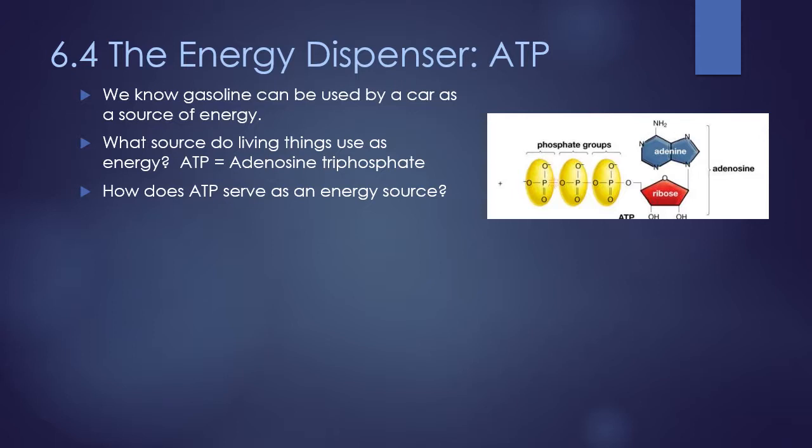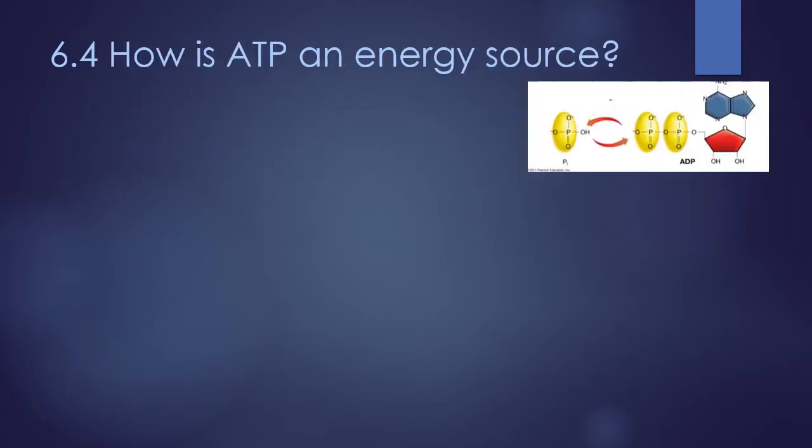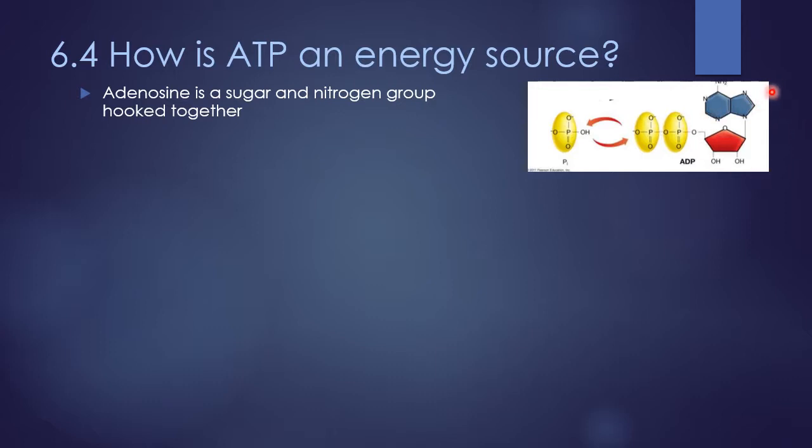And let's look at next how it is that ATP serves as an energy source. So what happens is you start out with actually this molecule here, which is your adenosine and only 2 phosphate groups. And so again, adenosine is a sugar and a nitrogen group hooked together over here.